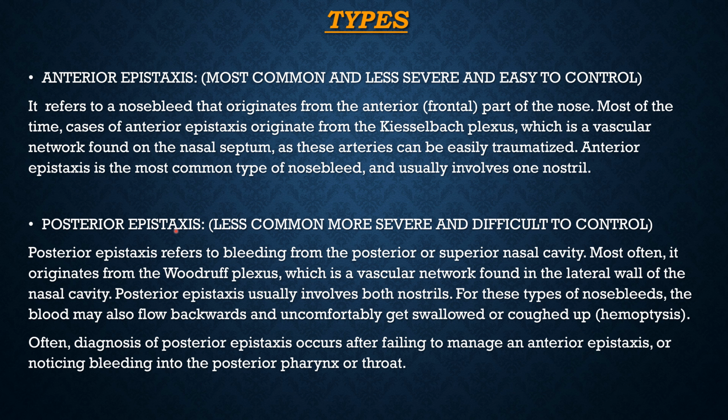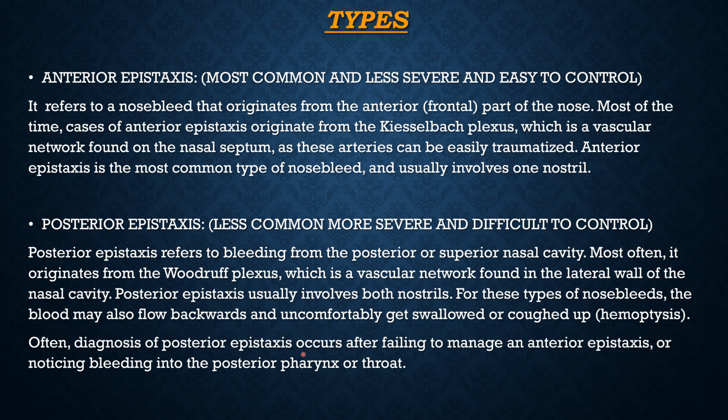In case of posterior epistaxis, it is written over here that it most often originates from the Woodruff plexus, which is a vascular network found in the lateral wall of the nasal cavity. Posterior epistaxis usually involves both nostrils. For these types of nosebleeds, the blood may also flow backwards and get uncomfortably swallowed or coughed up.